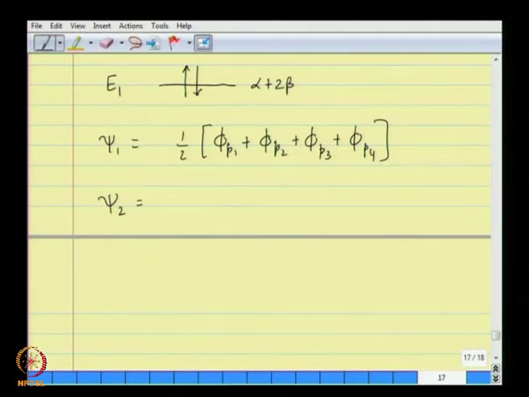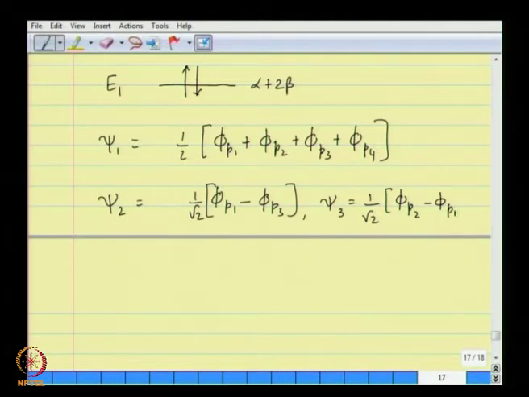That is one way, but let me do the other way around, which is write psi 2 as 1 by root 2 times phi p1 minus phi p3, and psi 3 which is degenerate to psi 2 will have the other, 1 by root 2 times phi p2 minus phi p4.